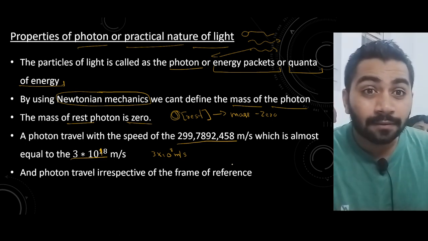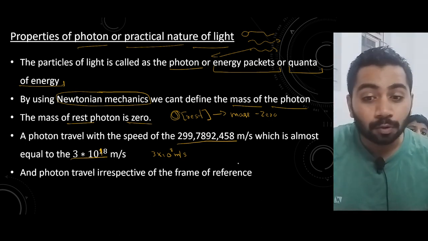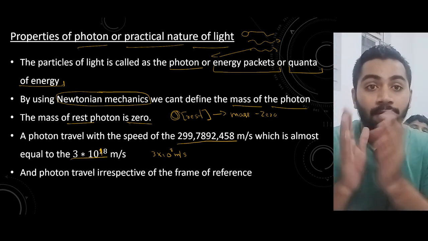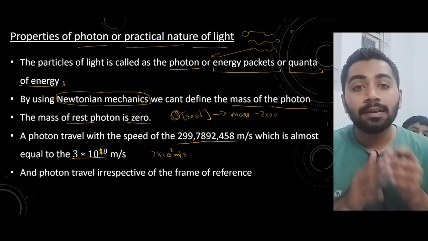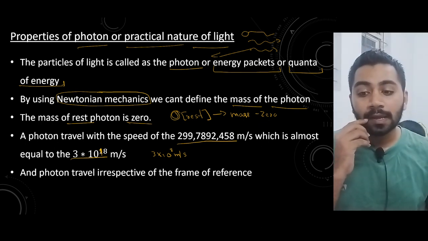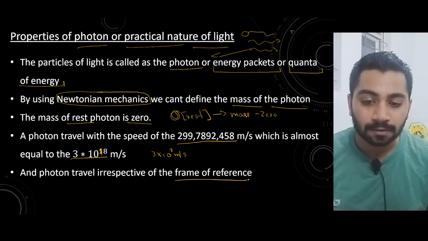In vectors, motion in a straight line, you were reading about frame of reference. With respect to a frame of reference, we measure all motions, right? But this photon movement does not depend on your frame of reference.